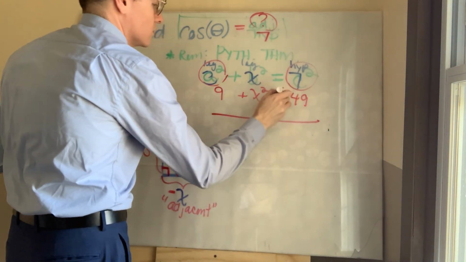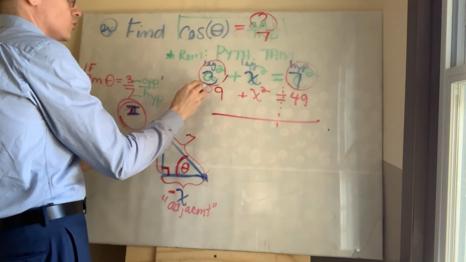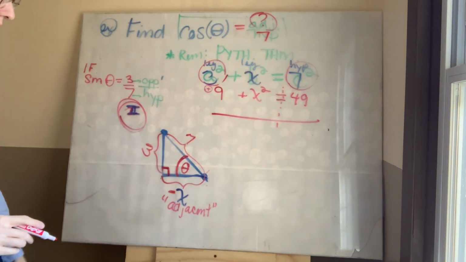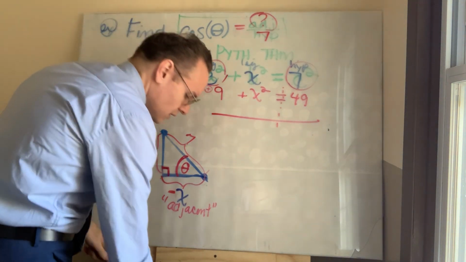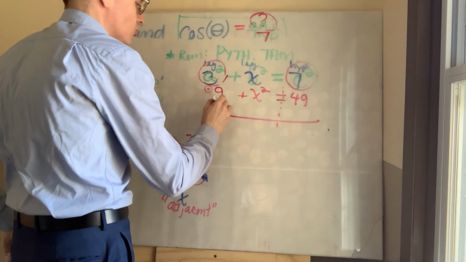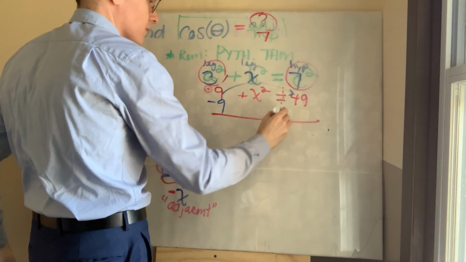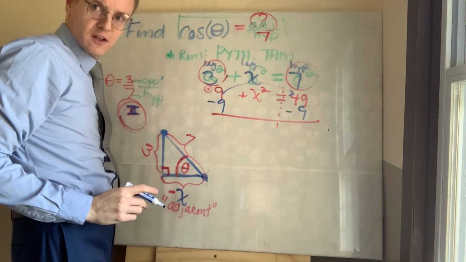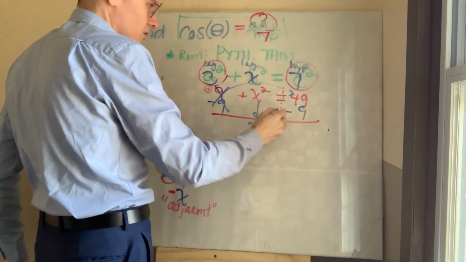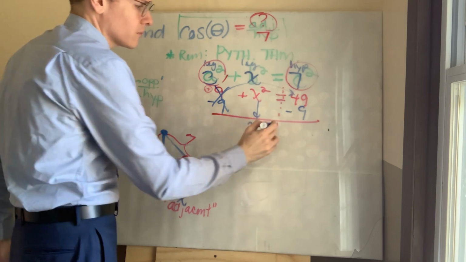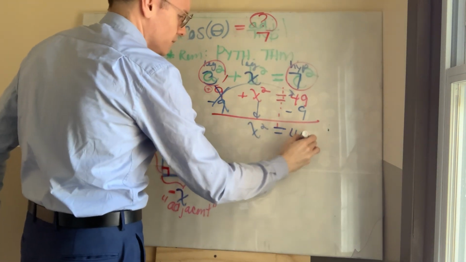And go through the motions. If it is assumed that this dimension is 9, I'll subtract to justify moving it from here to here, and balance it as such. The 9's cancel, x squared would be left over. 49 minus 9 would equal 40.